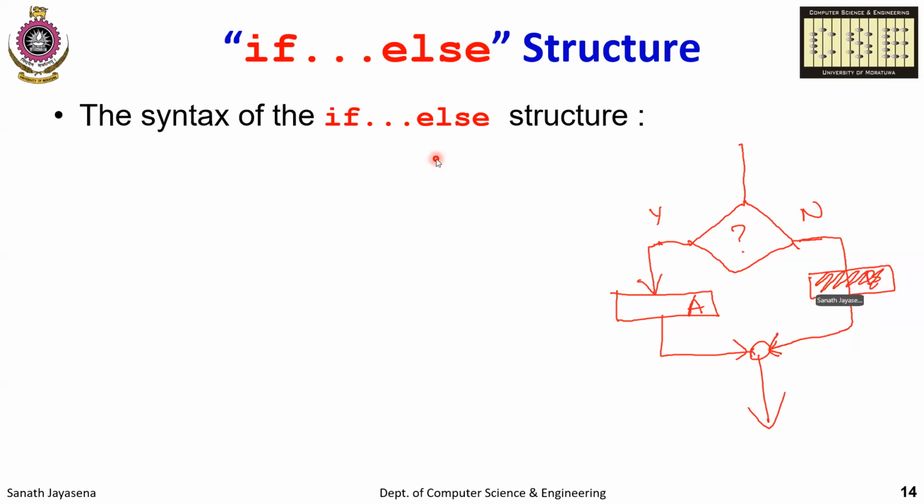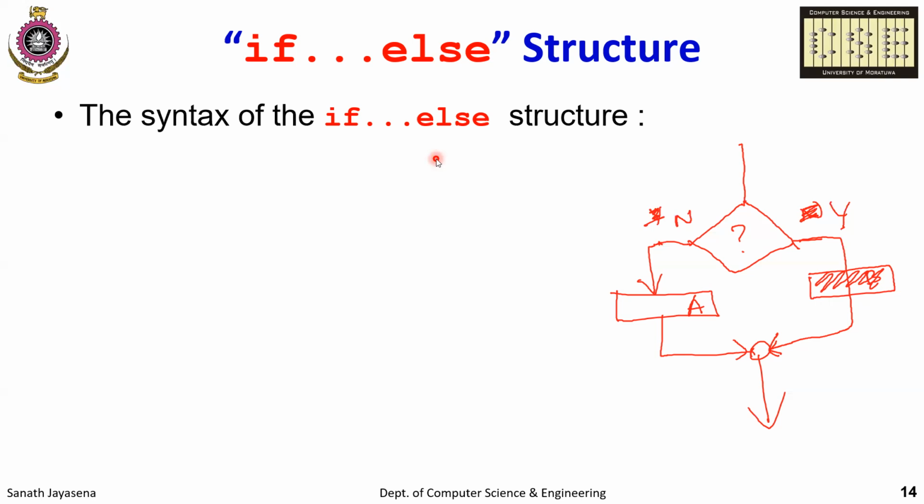Which means if the condition is yes, you do something, otherwise you don't do anything. That is what we call the if structure in Python. If a particular condition is true, you do something. That's it. Otherwise, nothing special. Or it can be the other way also: if the condition is not true, you do this, and yes, nothing. Obviously, symmetrically, you can do it that way.